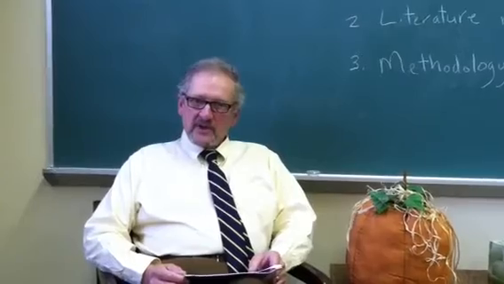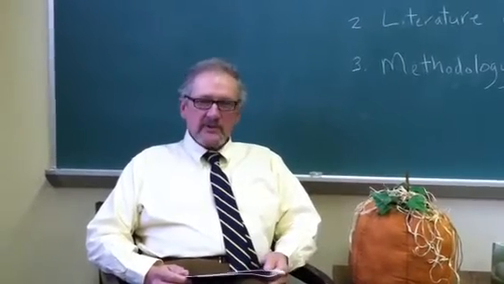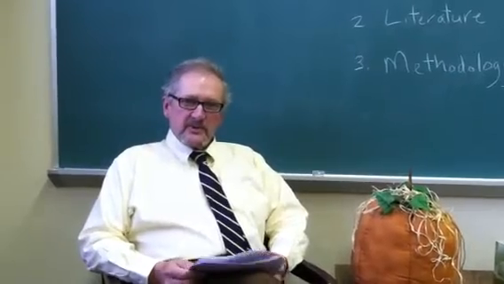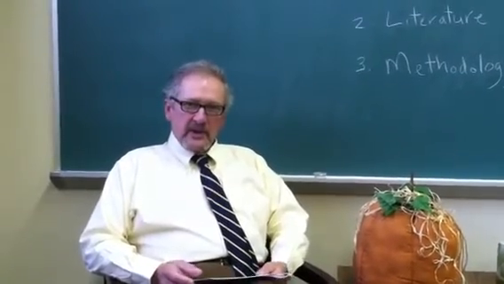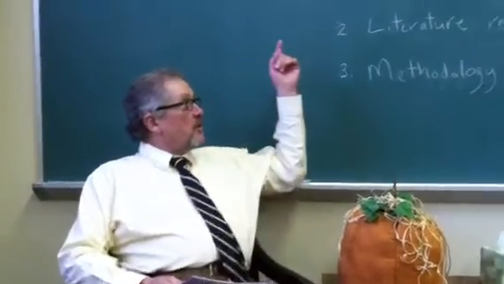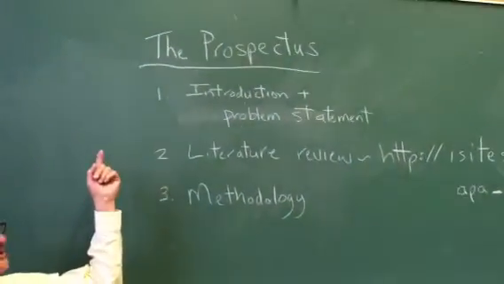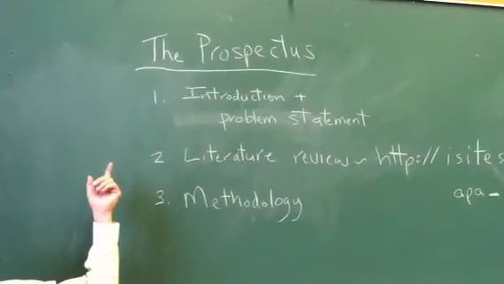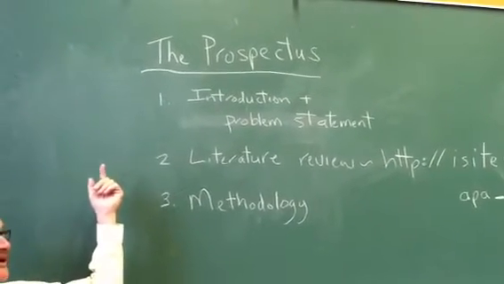I wanted to talk with you today about the literature review process, but before I do, I wanted to review what we're doing globally over the course of this semester. What you'll be creating this semester is what's called a prospectus, and the prospectus will describe the research that you'll be doing in the spring.